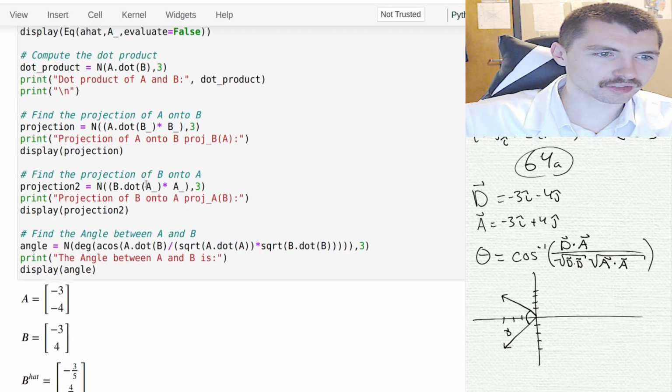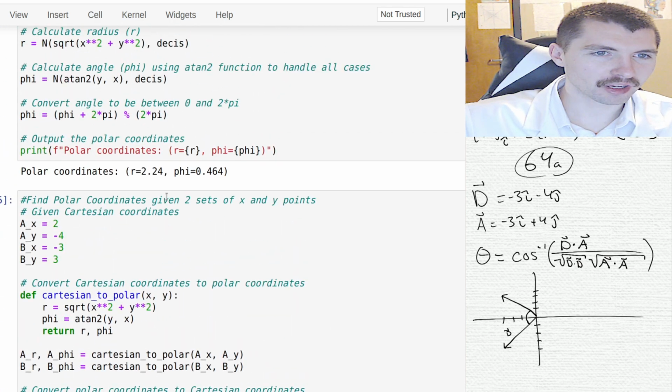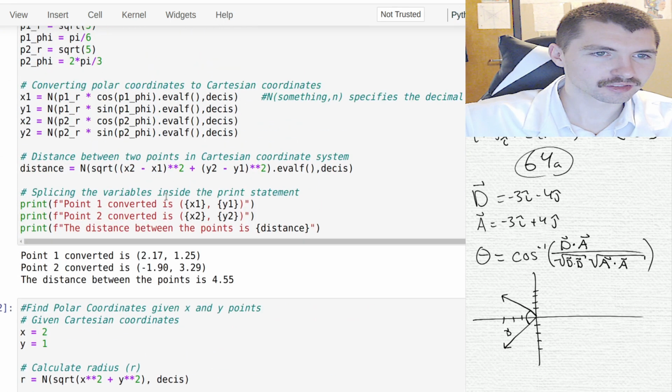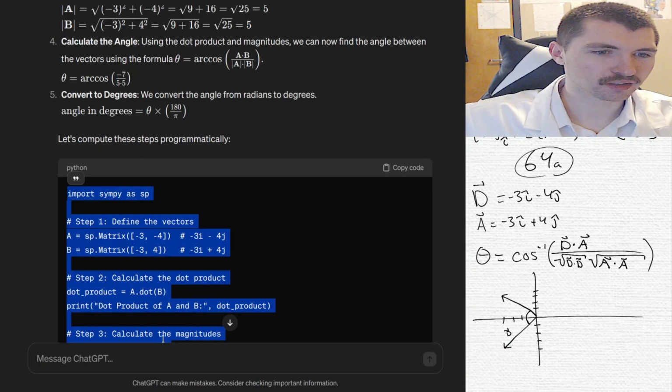So I do want to use this degrees formula instead of pi over 180. So I do want to update the code. Angle in degrees, angle in radians. Okay.